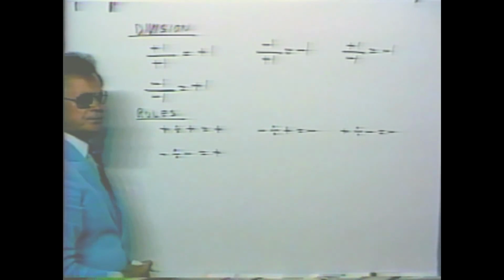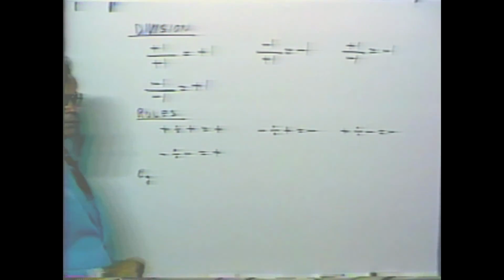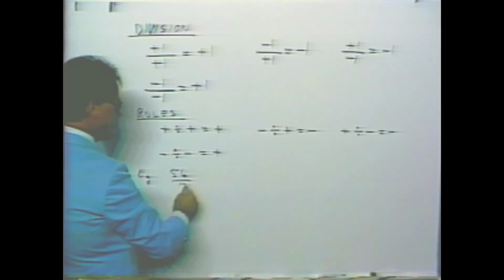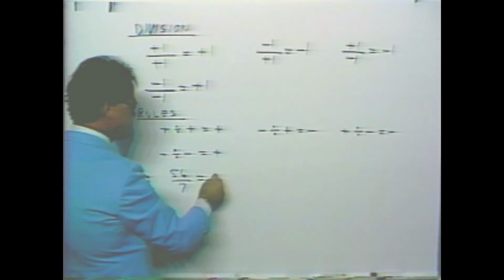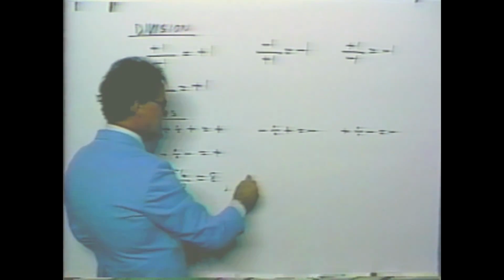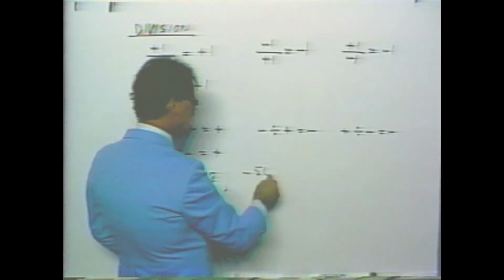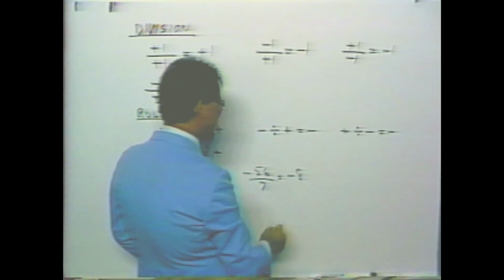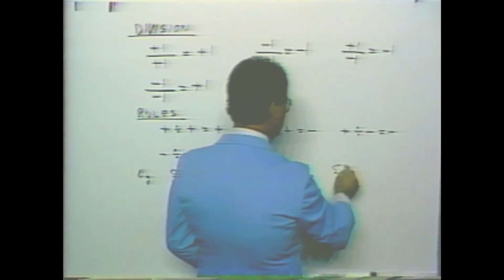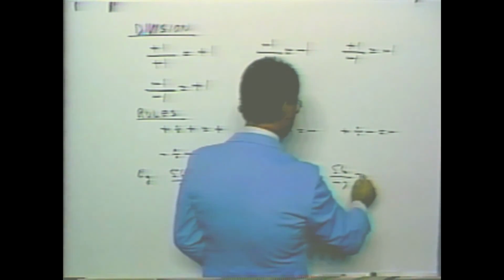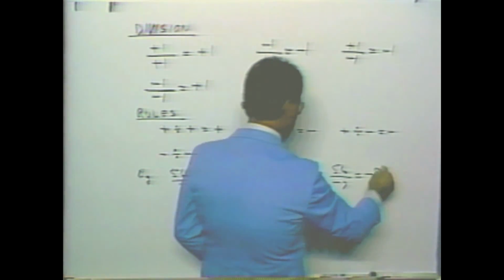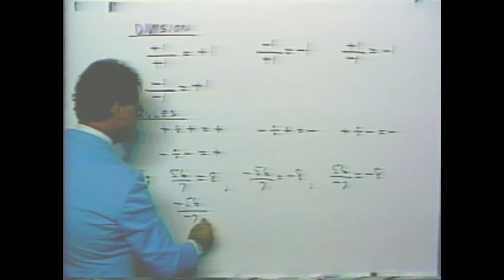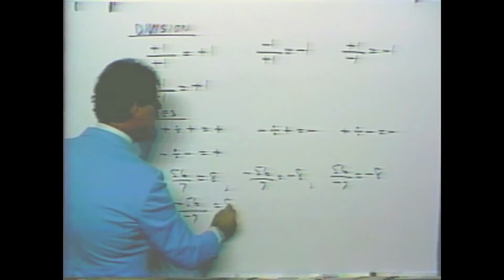That one there. For example, if we have 56 divided by 7, the answer is positive 8. If we have minus 56 divided by positive 7, the answer is negative 8. If we have 56 divided by negative 7, the answer is negative 8. Negative 56 divided by negative 7 is equal to positive 8.